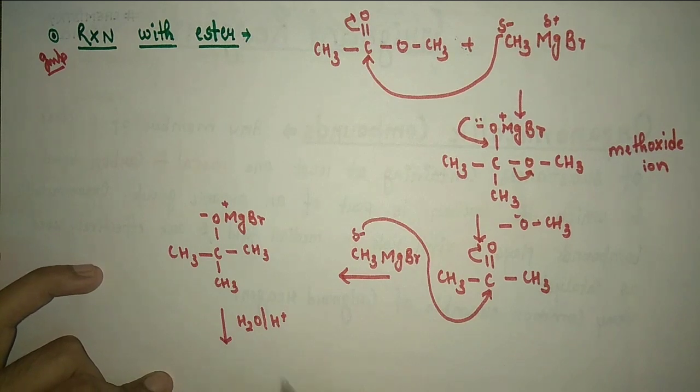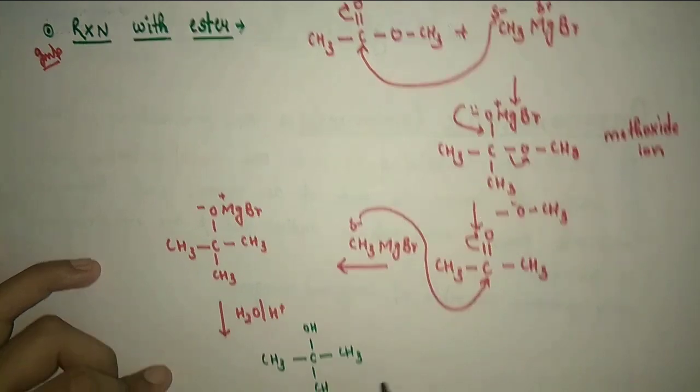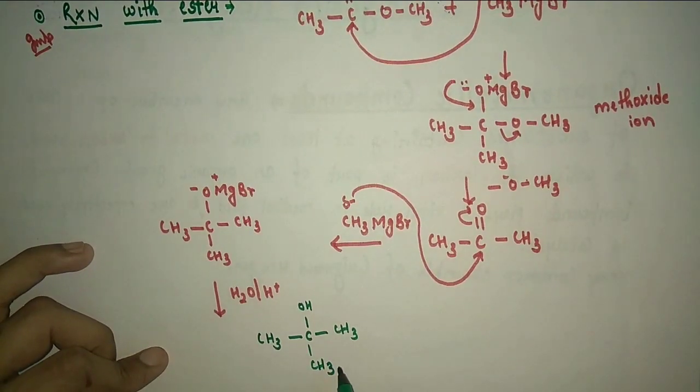So what will happen? It will form the tertiary alcohol. So when ester reacts with a Grignard reagent, it is the tertiary alcohol which is obtained as the product. This is tertiary alcohol.